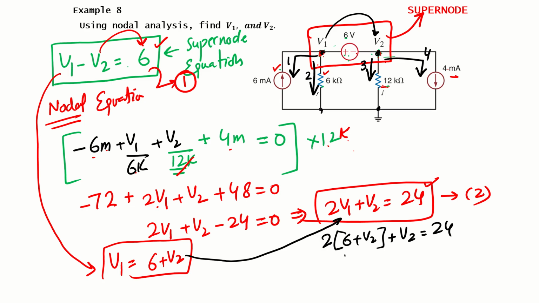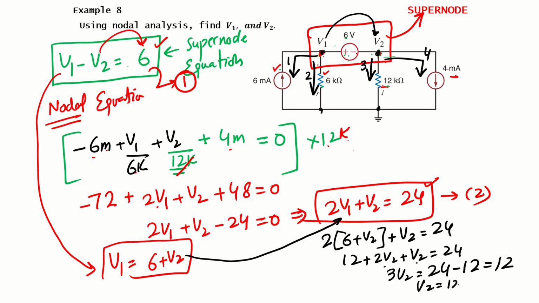Let's simplify. 6 times 2 is 12. 2 times V2 plus V2 is equal to 24. 2 plus 1, 3 times V2, is equal to, this 12 will go to the other side, so that will become 24 minus 12, which is 12. So V2 is 12 divided by 3, which comes out to be 4 volt.